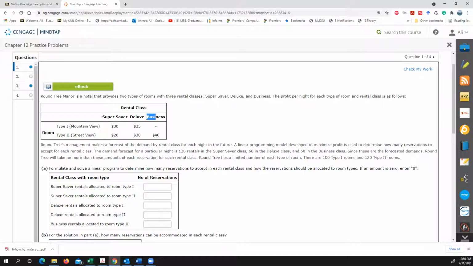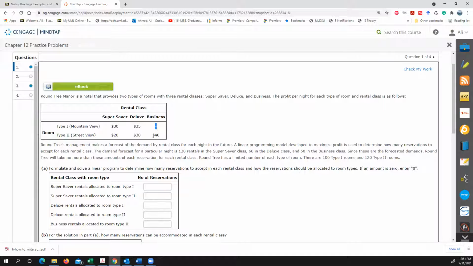Most of the questions we have done in the homework don't usually have this kind of combination. Here we can create types by each of the two parameters. Also, one thing we have to note is that type 1 does not have a business class.